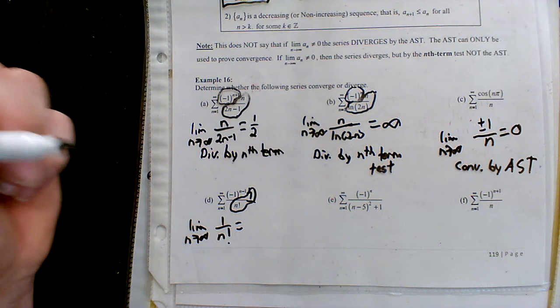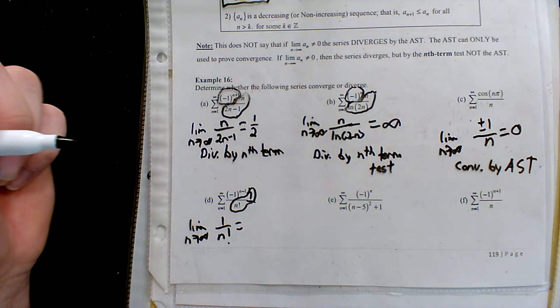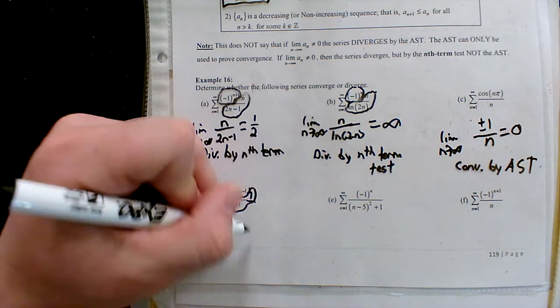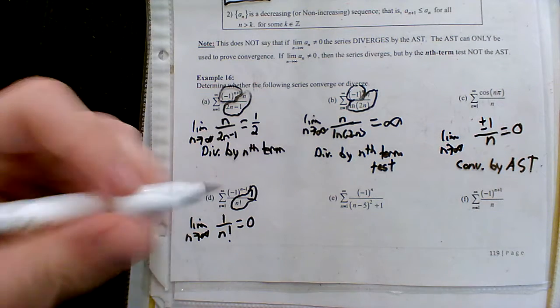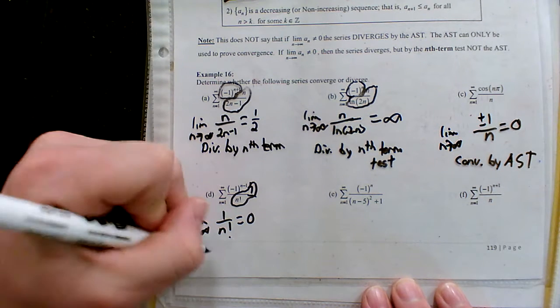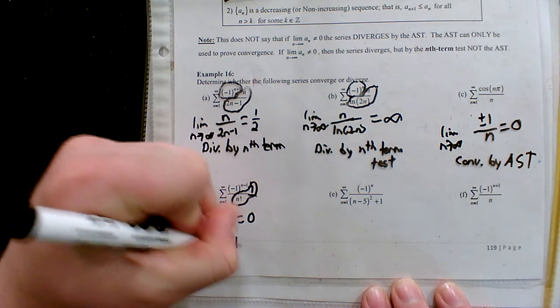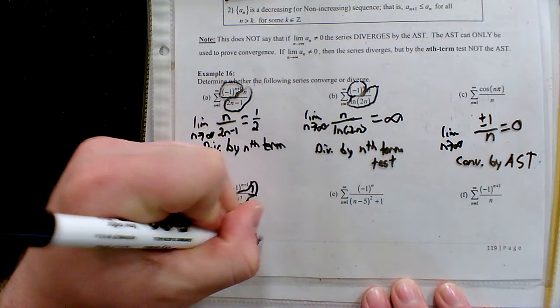And the limit? So what is our conclusion? Converges. By what? AST. Yes.